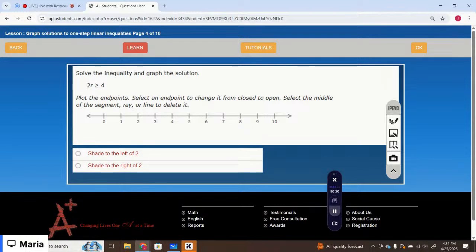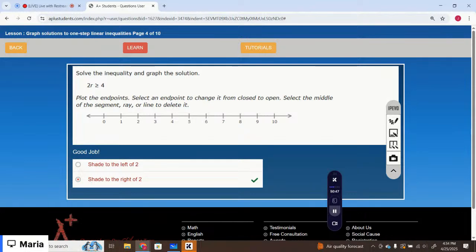Solve the inequality and graph the solution. 2r is greater than or equal to 4. That is shade to the right of 2. Option number 2 is the correct option.